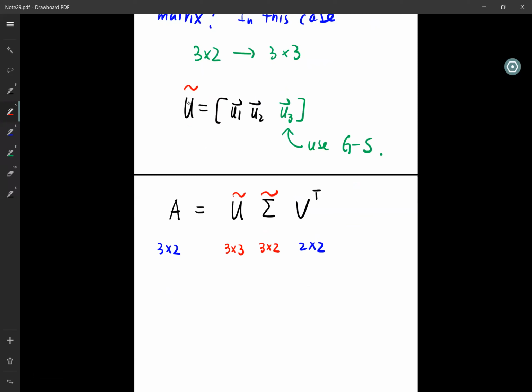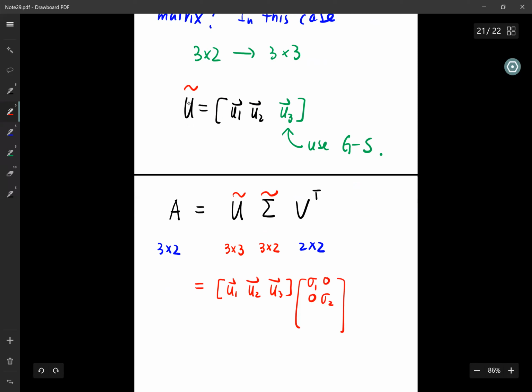How do I change sigma? See, this one is U1, U2, U3. What I want to do is to get rid of this thing. This is sigma 1, sigma 2. This I don't want to touch. All I need to do is to add these two rows of 0 here, with V1 transpose, V2 transpose.